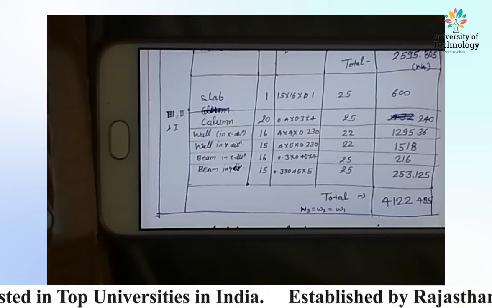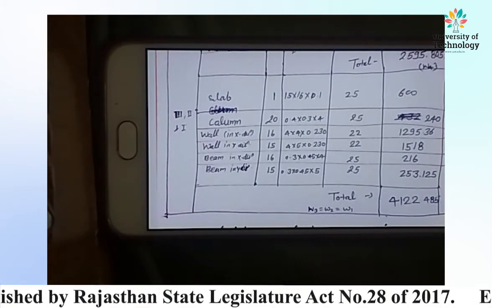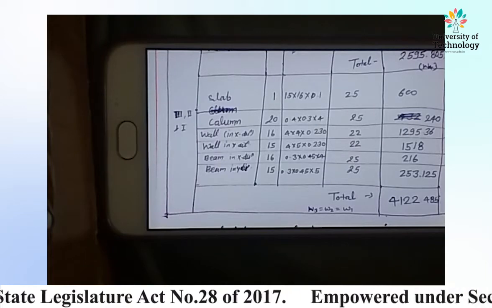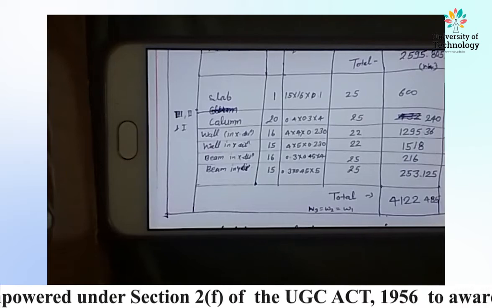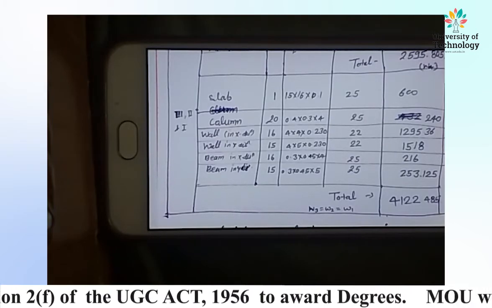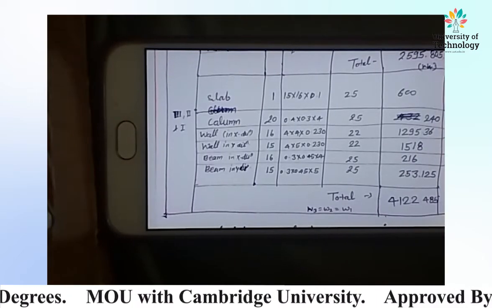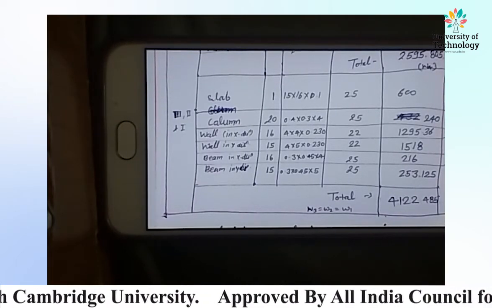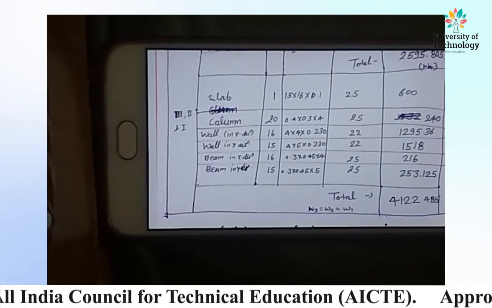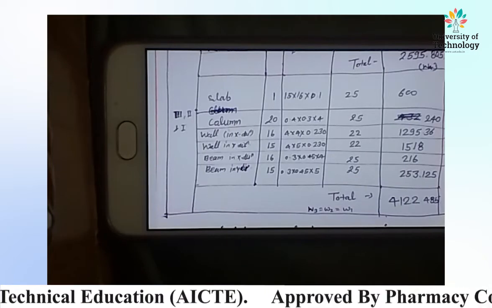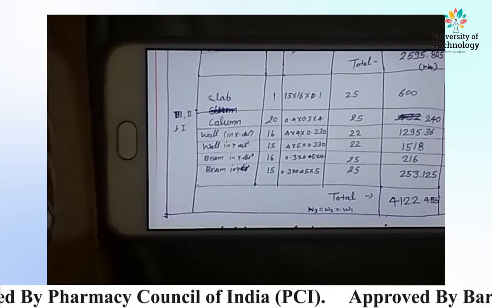Suppose the load at first story is W1, for second story W2, and third story W3. Fourth story we have already calculated, that is W4, which was obtained as 2595.805 kilo Newton.